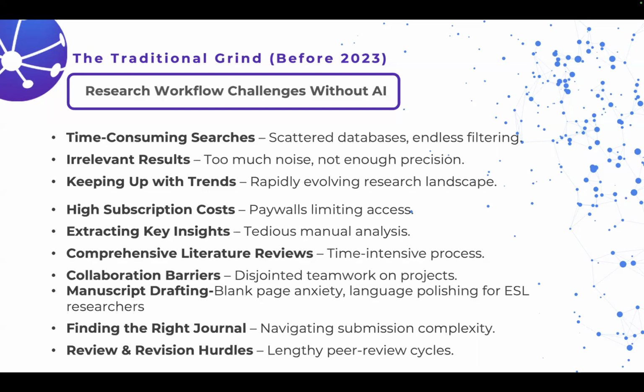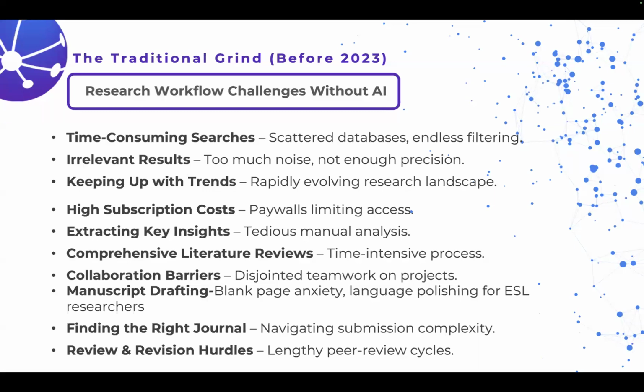And then you have to write your literature reviews, and sometimes you need to look for a second, third author to co-work on specific projects, and then come to the manuscript drafting part. Sometimes language is a barrier, and sometimes blank page anxiety, and even finding where to publish.